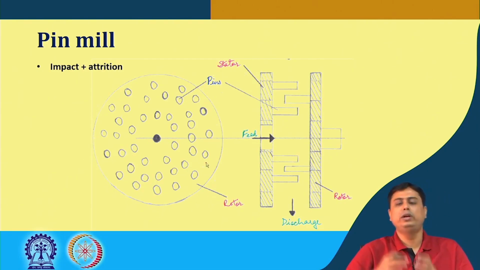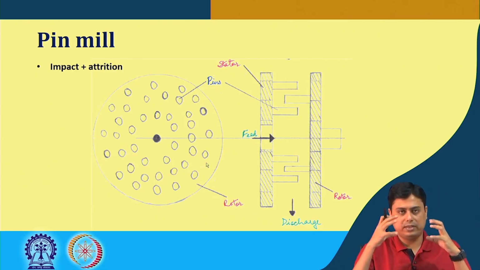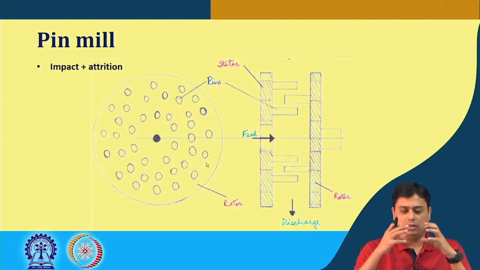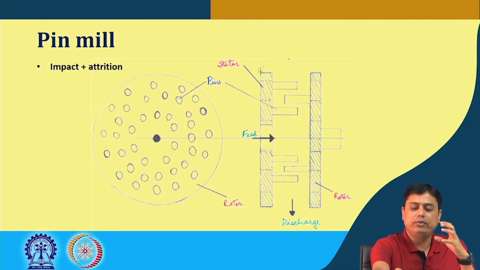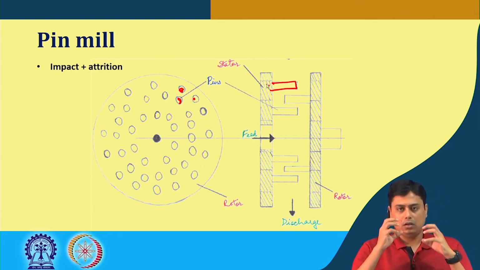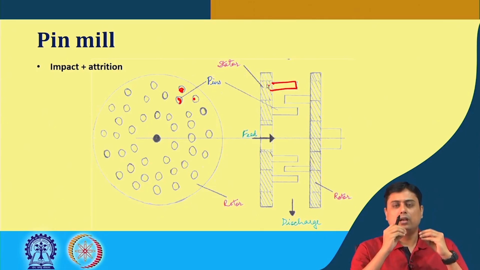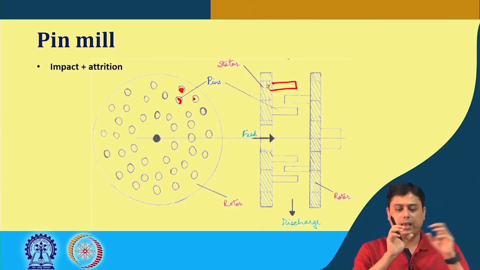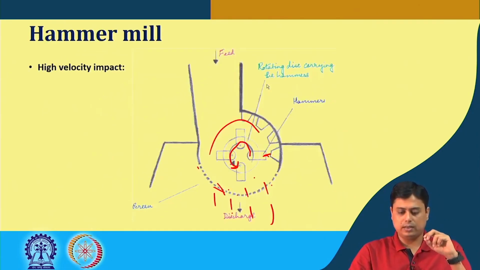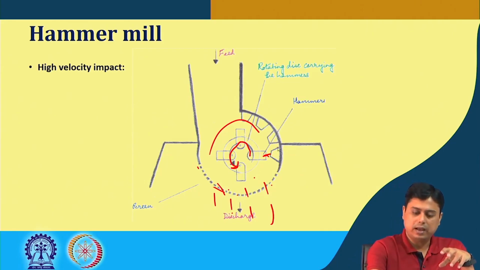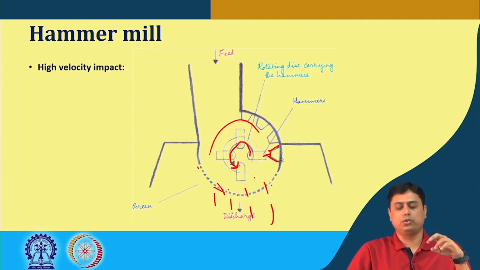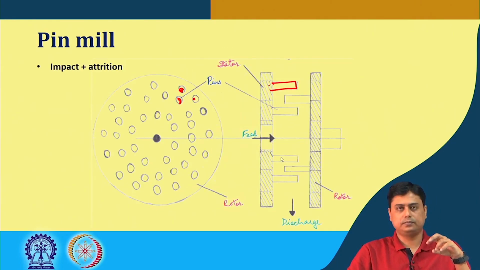It is a kind of two discs facing each other, and when we see the side view, these are basically pins or very sturdy solid extrusions, like we saw in the hammer mill, these kinds of protrusions.